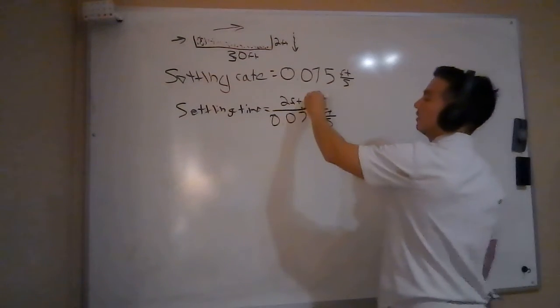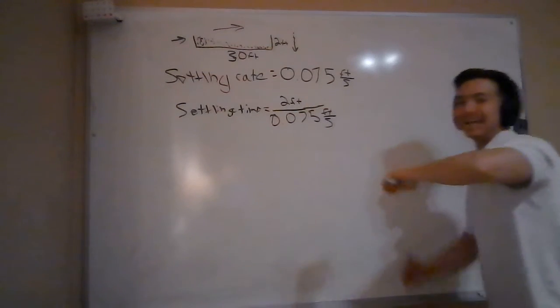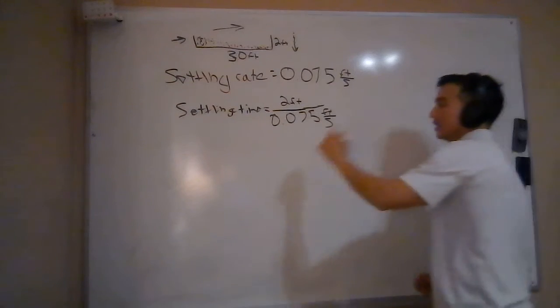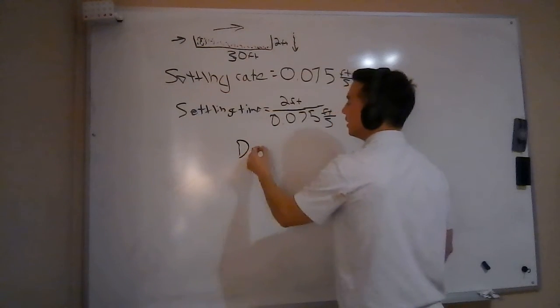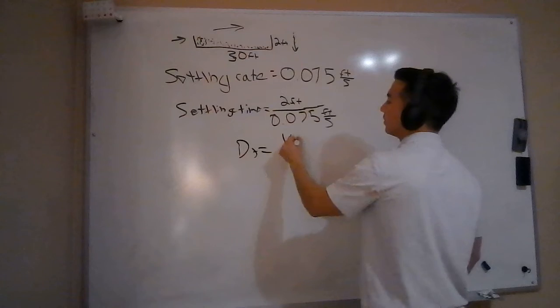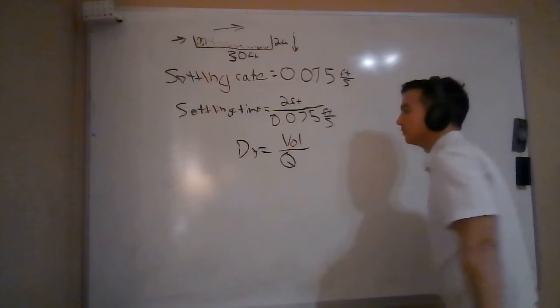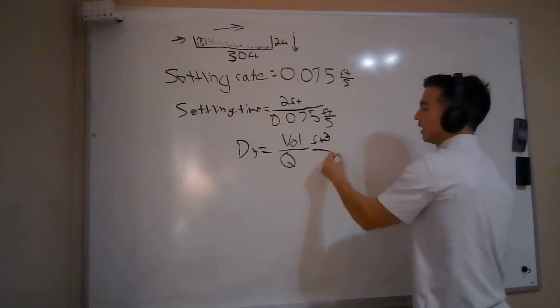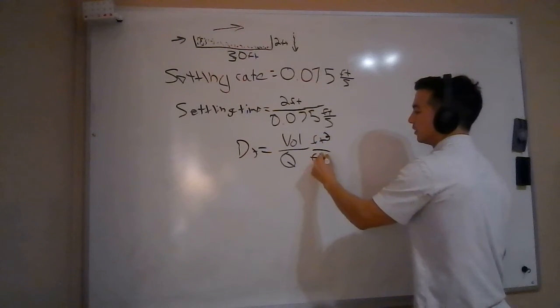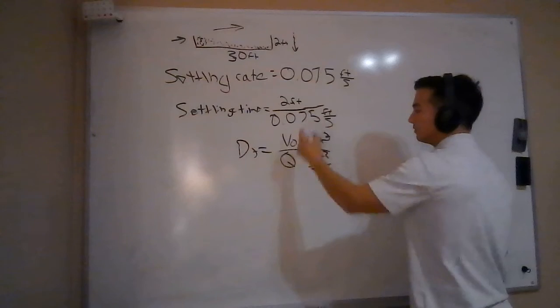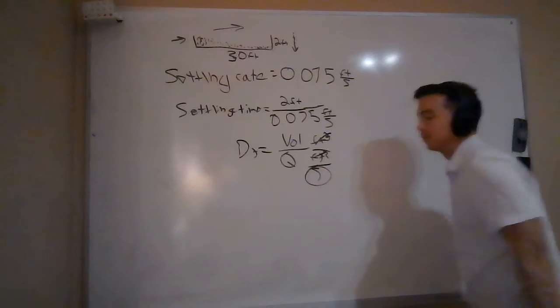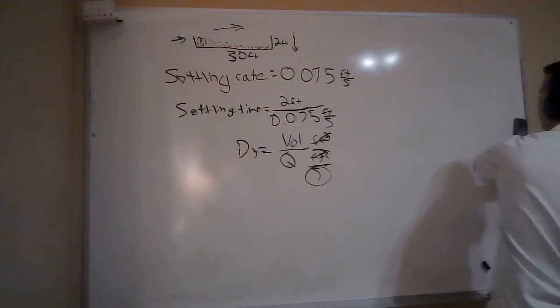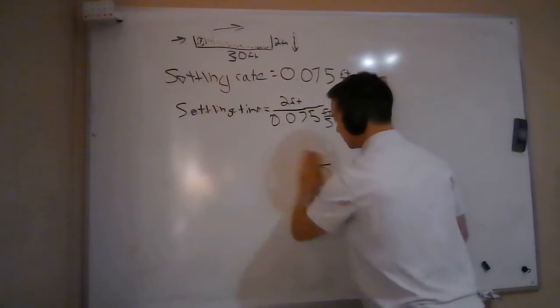I basically have a detention time similar formula, where detention time is equal to volume over flow, where, say, volume was cubic feet, and flow in this case would be cubic feet per second. When we divide out, we're left with that time component, very similar to that detention time formula, and this is settling time.